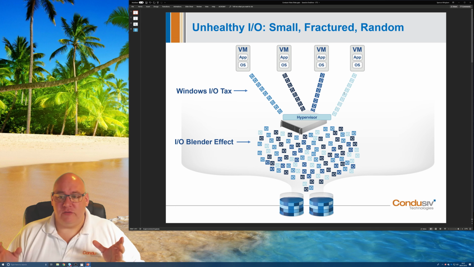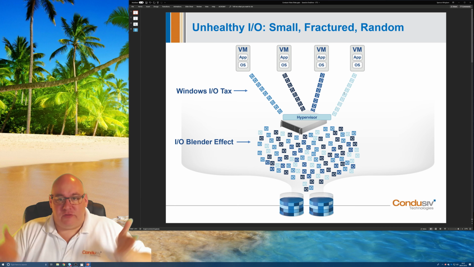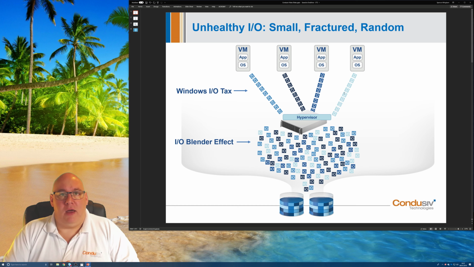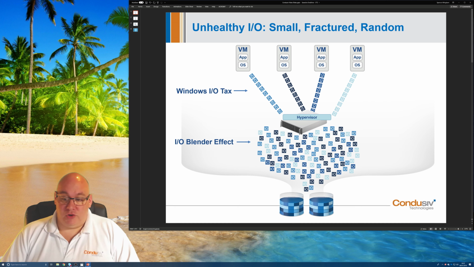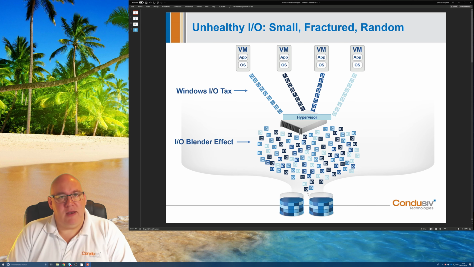And what it means is, as it's being funneled through that hypervisor, those small fractured I/O packets now become very randomized because they're coming from different virtual machines. So by the time they hit the storage controller, by the time they hit the storage area network or SAN down here at the bottom, it's arriving in really a chaotic mess of small, fractured, and now very randomized I/O streams.